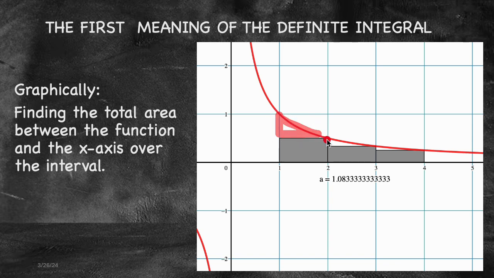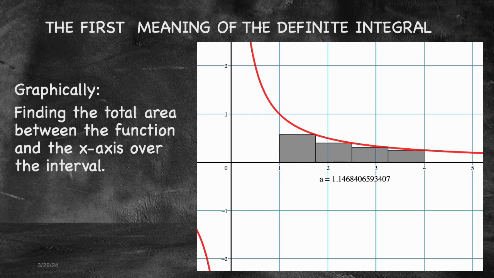This space that's white was not counted in the area of the rectangles. So when we add those 3 rectangles together, we're going to have an underestimate because we didn't include these spaces. If we want to make it more accurate, we can create more rectangles and more subintervals.